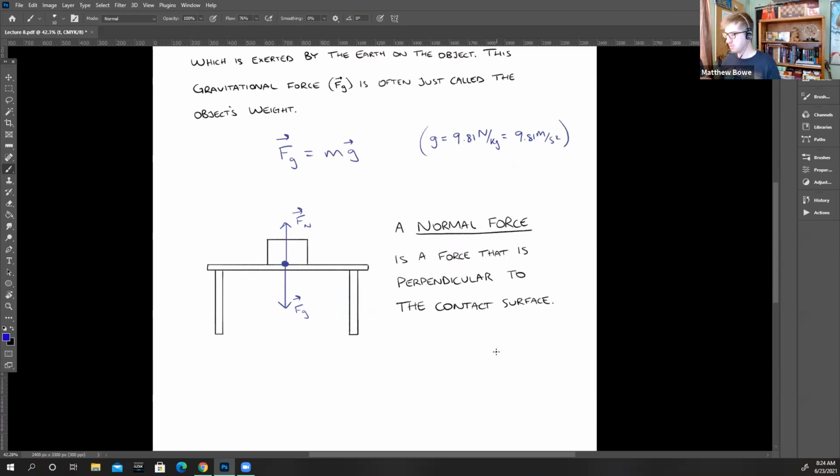All right, so that's a perpendicular force to a contact surface. What about this flat table? What if one of the legs of the table breaks and the table is slanted a bit and it becomes kind of like a ramp?